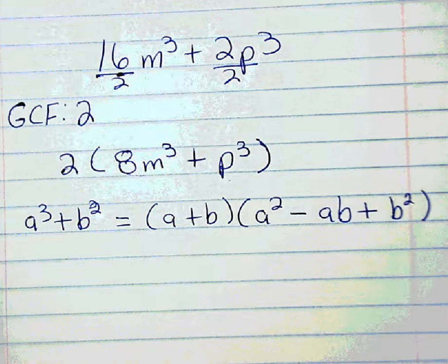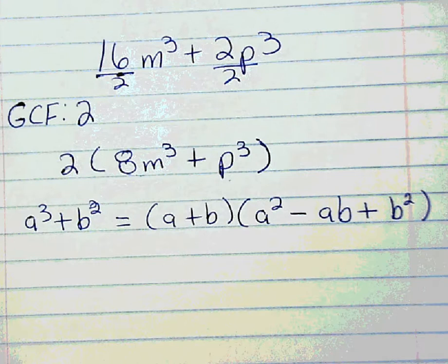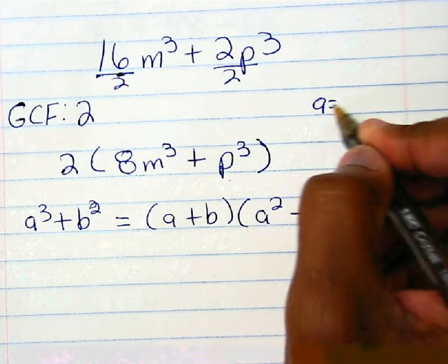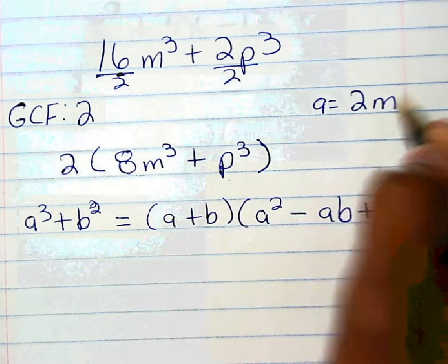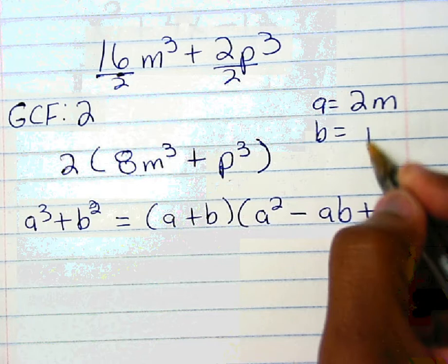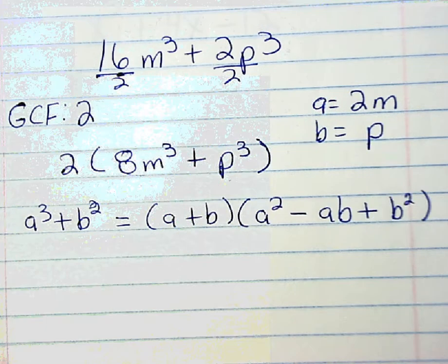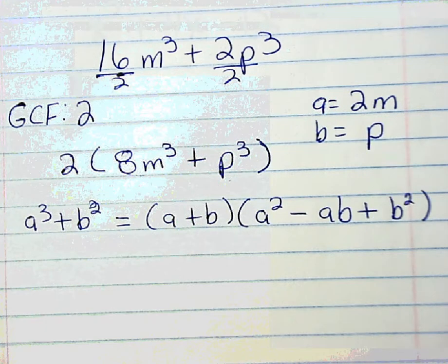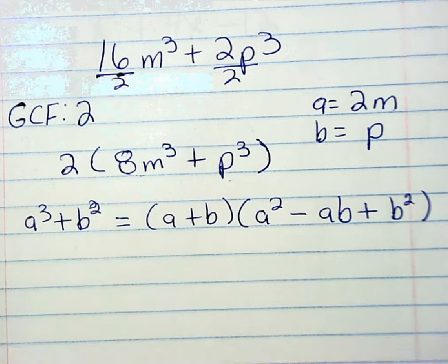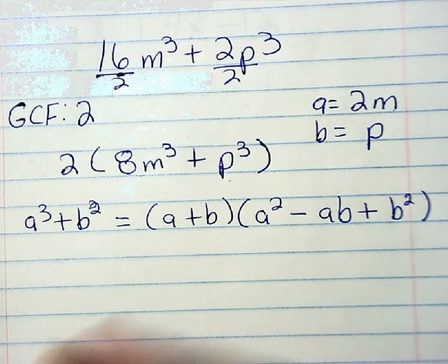And again, I have to decide what a and b are. I'm going to take the cube root of 8m cubed, and that's going to be 2m. I'm going to take the cube root of p cubed, and that's going to be p. And just like I did in the previous example, everywhere I have an a, I'm going to put 2m. Everywhere I have a b, I'm going to put a p.